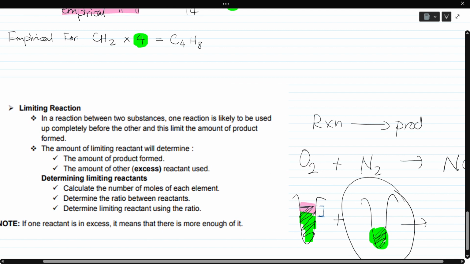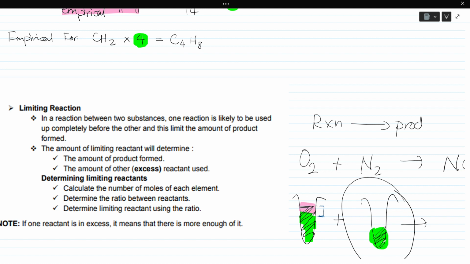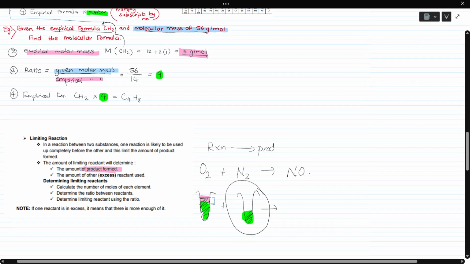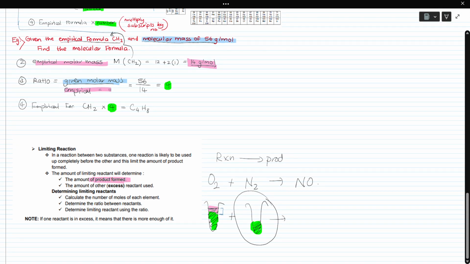And it's very important because in order for you to calculate how much of product we are producing, you have to be able to do your calculations based on the limiting reagent. You can see in the notes, which we'll go through tomorrow as well, but it's important because it's going to determine the amount of product that's formed. And in chemistry, it's very important to be able to find out how much of product am I actually getting from the reactants that I'm using. Okay, so that in a nutshell is what we will do tomorrow.